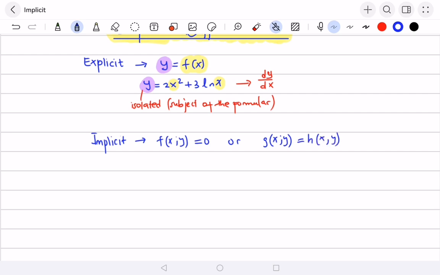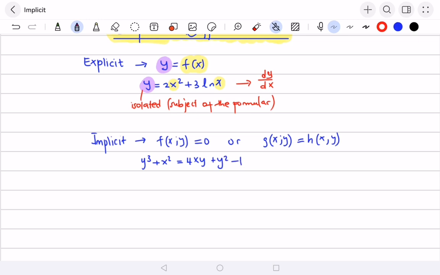So this is a function where y is not isolated. Y is mixed with x. For example, y cubed plus x squared equals 4xy plus y squared.